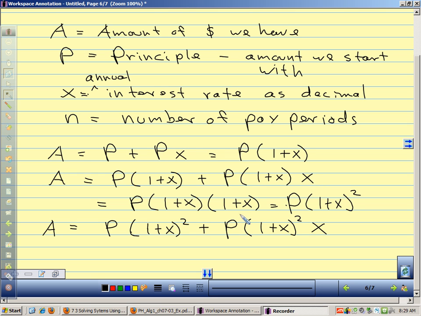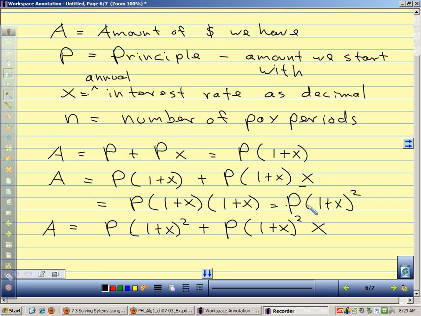Factor out the P times 1 plus X. If I factor out a P times 1 plus X from this term, I get the 1. If I factor out a P times 1 plus X from this term, I'm just left with the X. So if I distribute P times 1 plus X here, I get P times 1 plus X times P times 1 plus X times X. The X is here.